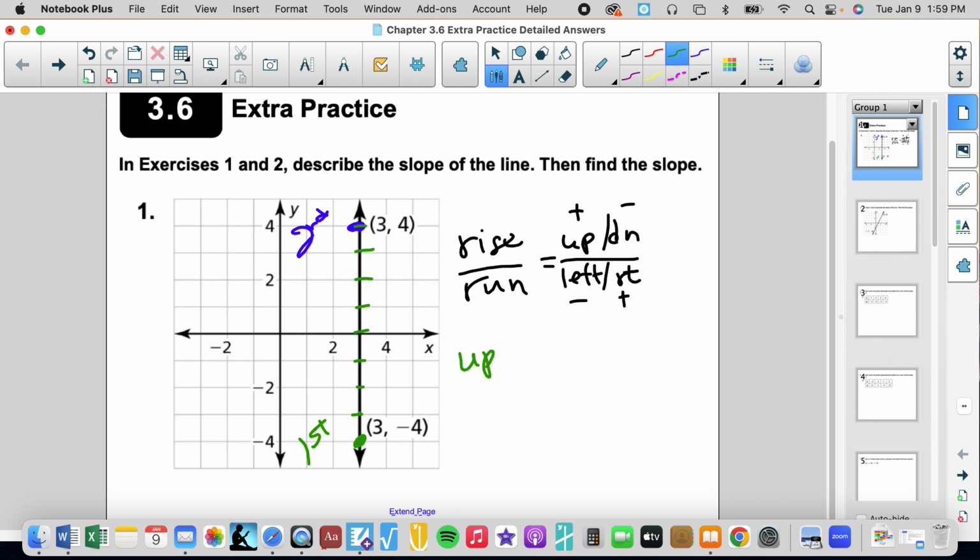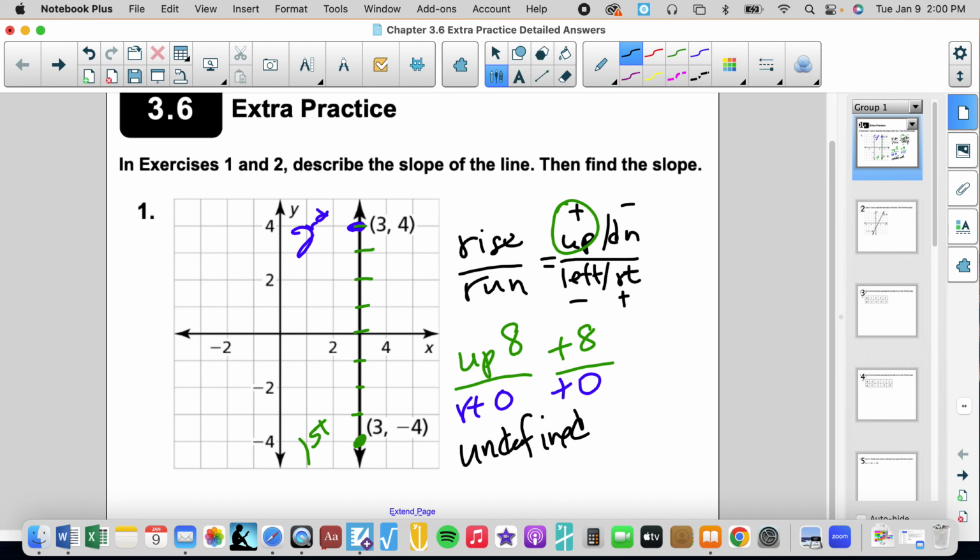So I would go up 8, and then how much do I run? How much do I go left and right? Well, I go right 0. Up translates to positive, so that's positive 8. Right is positive 0. So 8 over 0 is undefined.